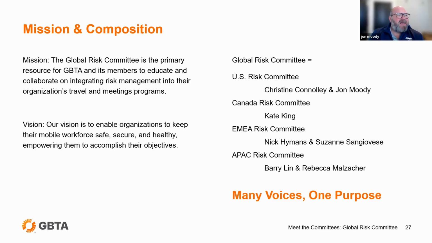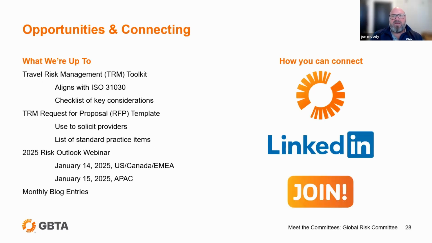So if we can go to the next slide, please. What we're up to is we just launched our travel risk management toolkit back at the convention in July, so it's now 5 months ago. It aligns with ISO 31030, which is travel risk management best practices.